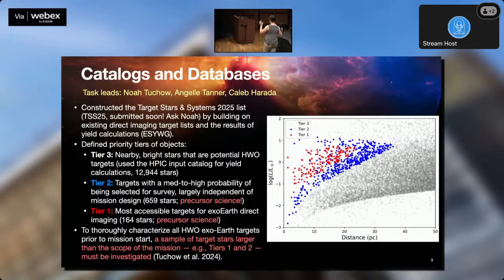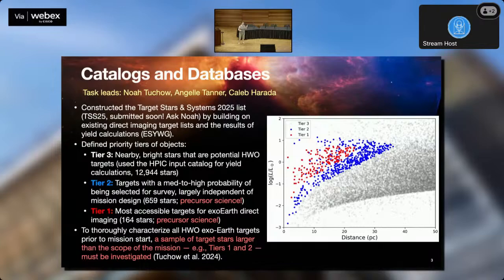But everybody acknowledges it was way too much, so we really try to cut it down to tier 2. Tier 2 is where we started to take into account some of the potential system architectures, so it's sort of agnostic to them, at least as we know it right now. But also there were those stars that have a lot of potential properties, but maybe we're missing some key information. So there's room there.